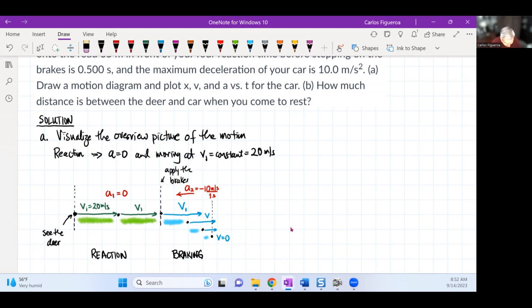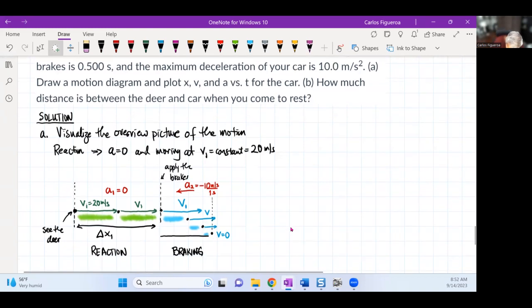So now, what do I know? What I know about this is that this car, during the reaction period, travels this distance, which I'll call delta x1. And then the car here travels this distance from here to here, which I'll call delta x2.